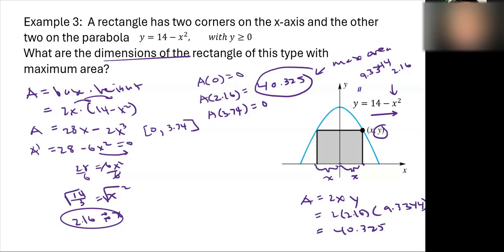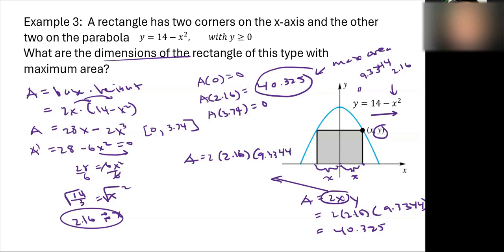Okay, so as I mentioned, when we plug in 2.16 for x, we're looking at this here. Okay, so we got area is equal to 2x, so that's going to be 2.16 times y. Okay, and that was 9.3344.